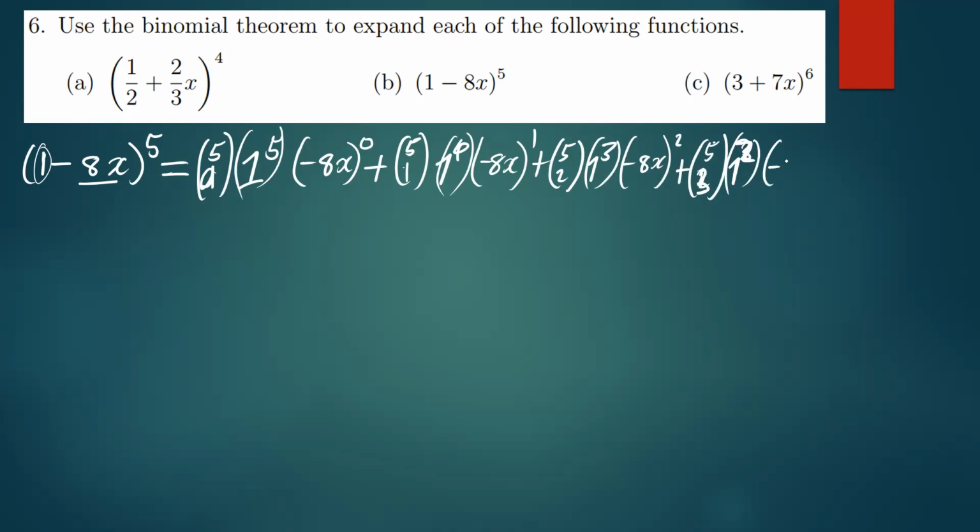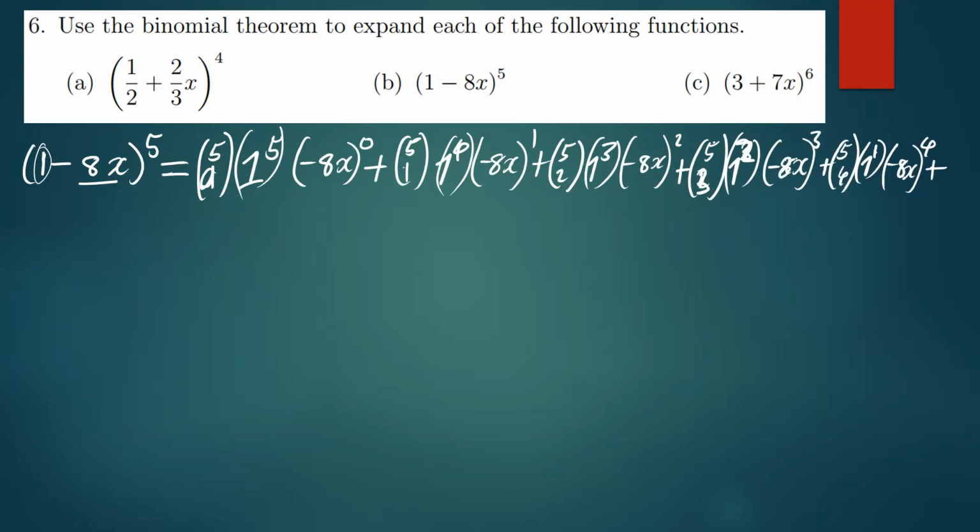Then we have negative 8x to the power 3. Then we have 5 choose 4, 1 to the power 1. Then we have negative 8x to the power 4.